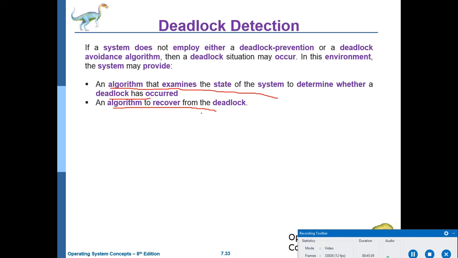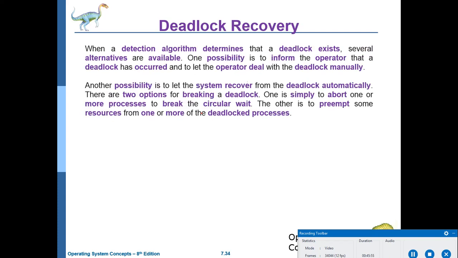So this is the situation: let the deadlock occur, we have an algorithm, we have a procedure, we will make the system recover from the deadlock. This is the third option if we don't have any deadlock prevention or avoidance algorithm. This is called deadlock recovery.